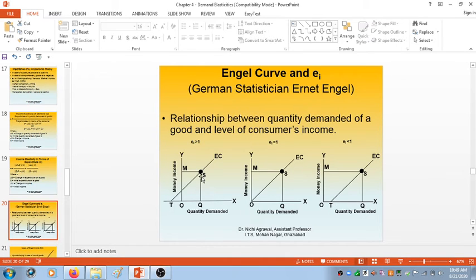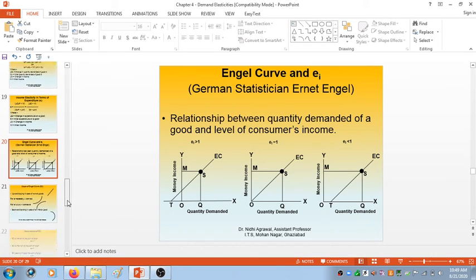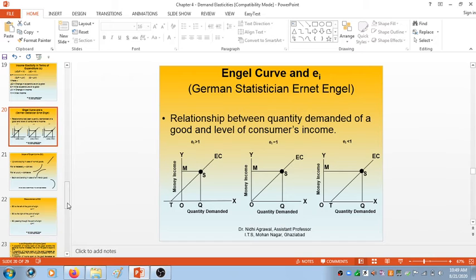With the help of this, we can derive the formula of price elasticity of demand. According to this formula, suppose I am talking about point S, and you need to calculate the elasticity at point S. The original quantity demanded is always measured from the point of origin.